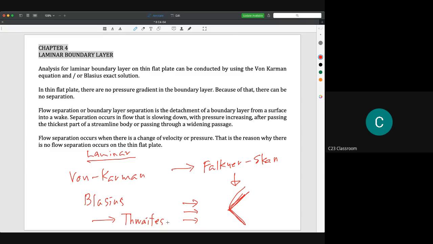Later on, we will summarize the usage, or the way we handle all these equations. Before that, we need to know about the pressure gradient first, and the effect of the pressure that occurs inside the boundary layer.